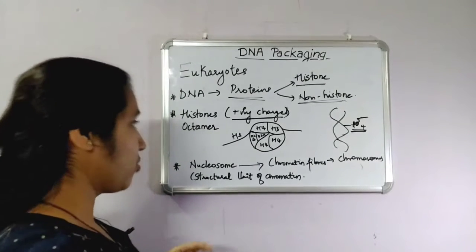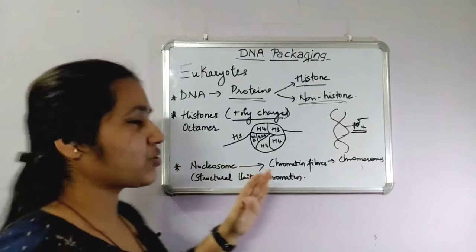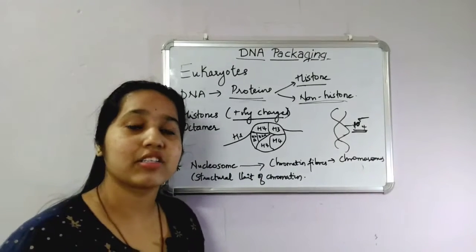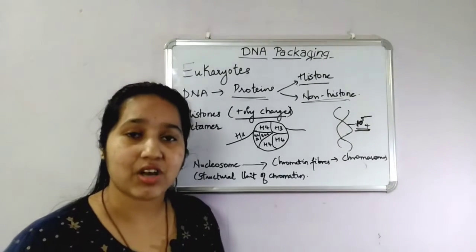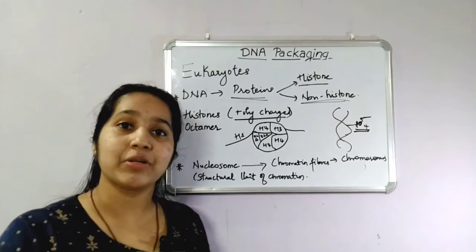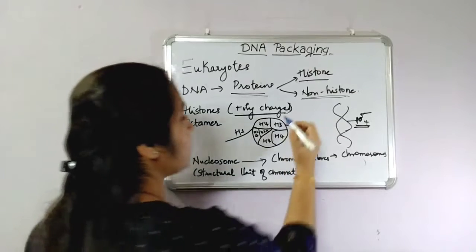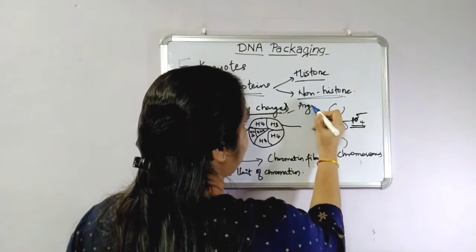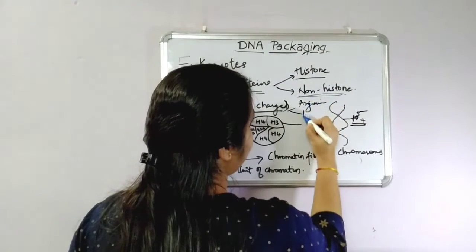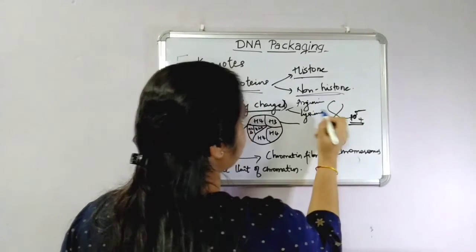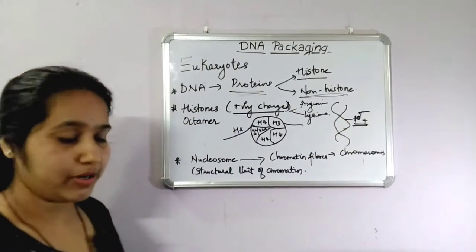Now, whether a protein is positively or negatively charged depends upon the amino acid side chains. In the case of histones, the amino acids are arginine and lysine, which give a net positive charge to the histone molecule.